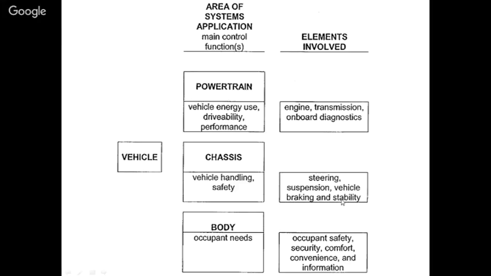Now in body sensors, we have occupant safety, security, comfort, convenience, and information, right? So for comfort and convenience, we have automatic air conditioners, climate control sensors. And then there are also acoustic sensors.